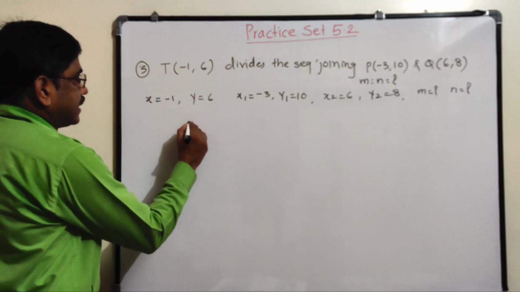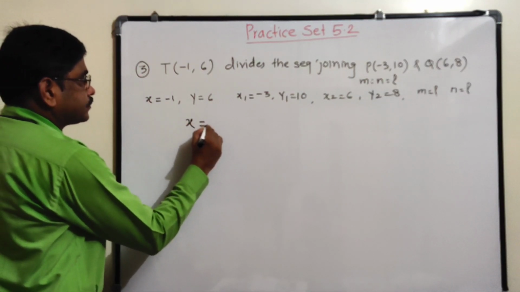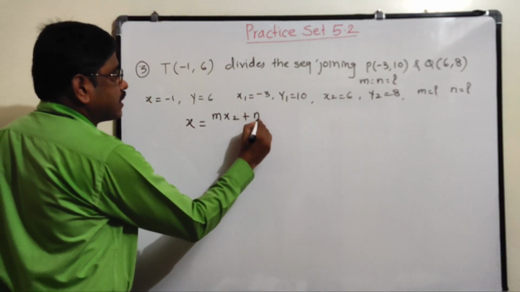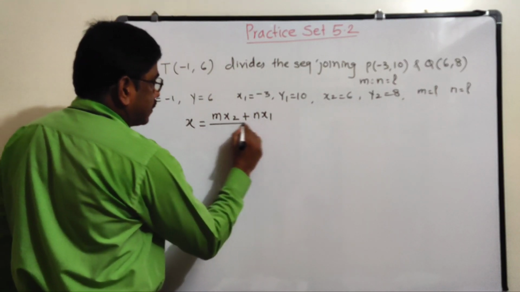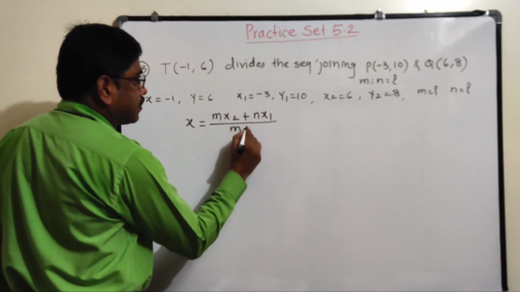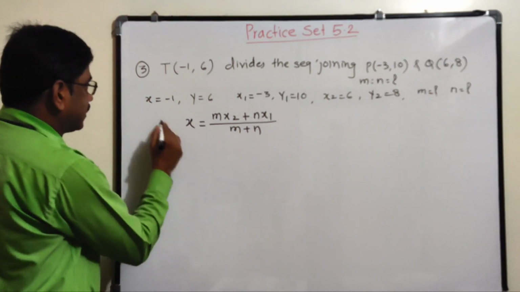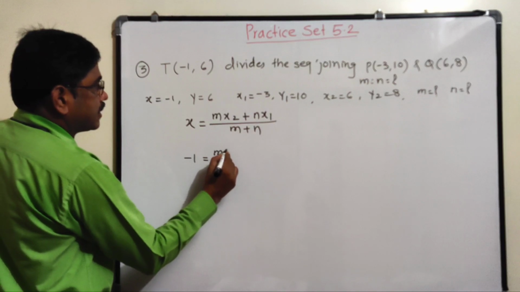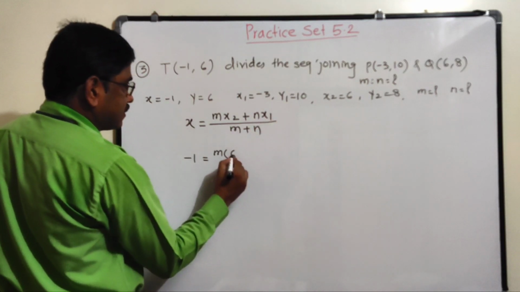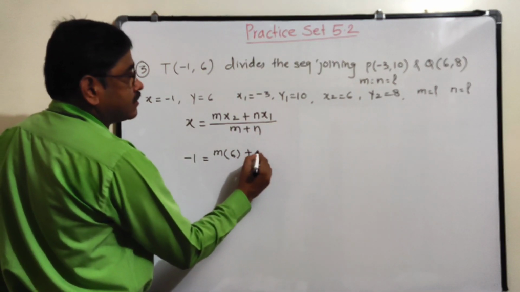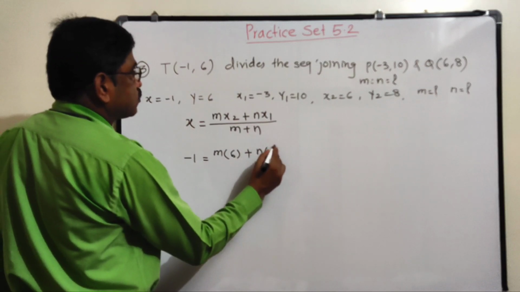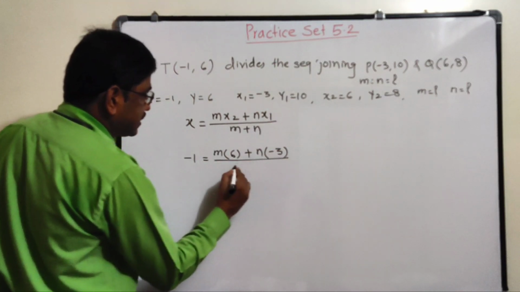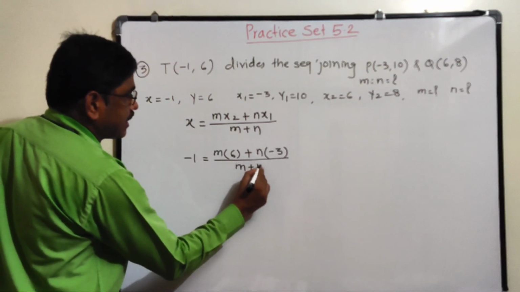So here the x coordinate is (m x2 plus n x1) divided by (m plus n). Now substitute the value. This is -1 is equal to m into x2, which is 6, plus n, x1 is given -3, divided by this m plus n.